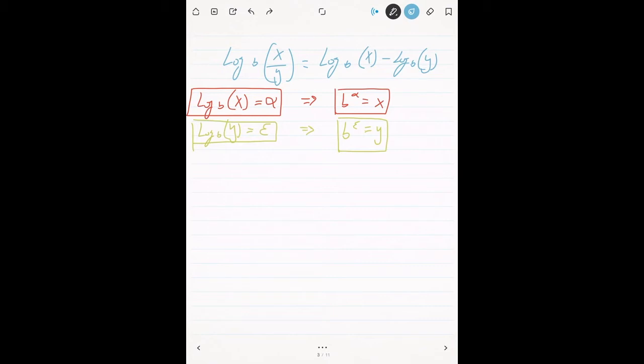Now, go ahead, pause the video, and see if you can figure out how log base b of x divided by y can get you all the way down to log base b of x minus log base b of y.